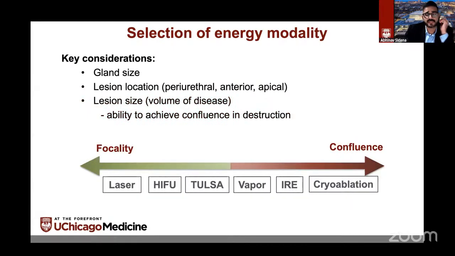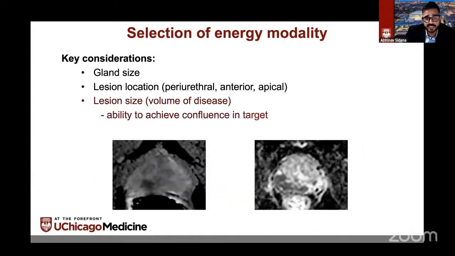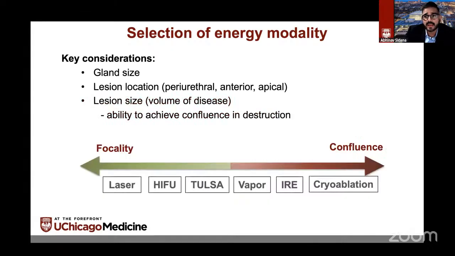The reason I mentioned that's important is confluence refers to the merging of individual discrete ablation lesions into a single continuous and solid zone of irreversible tissue necrosis. So the larger lesions like this one require the ability to create larger areas of confluent destruction. Smaller lesions may rely more on precise targeting and ability to control treatment within the prostate capsule.